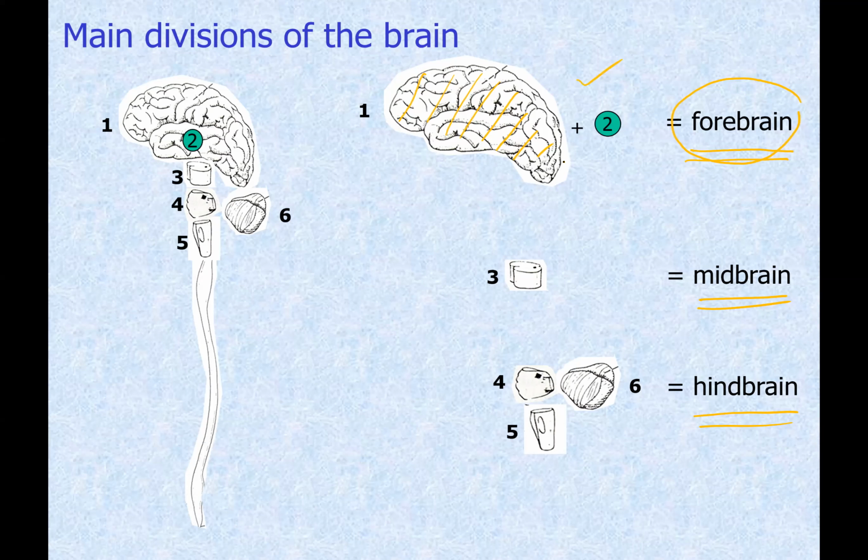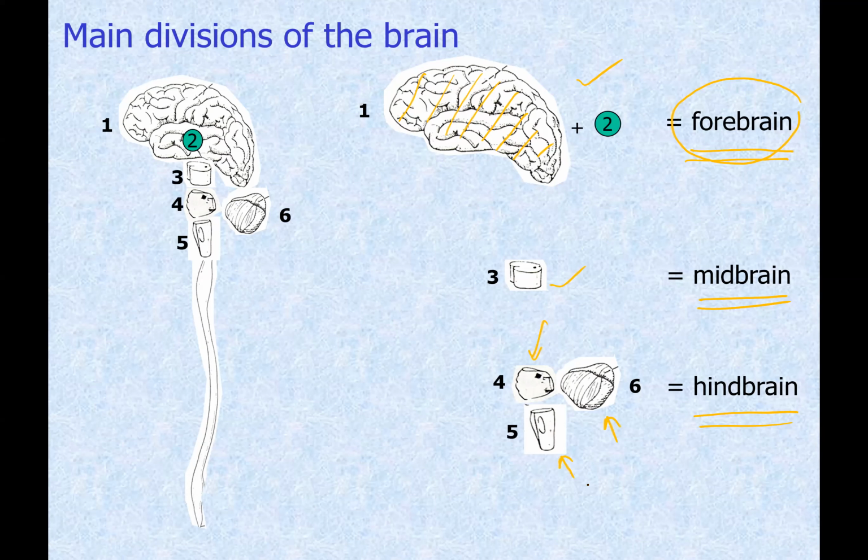So these two will constitute the forebrain. Then midbrain is a very small area. Then the hindbrain includes the cerebellum, pons, and medulla. Three structures: cerebellum, pons, and medulla form the hindbrain.